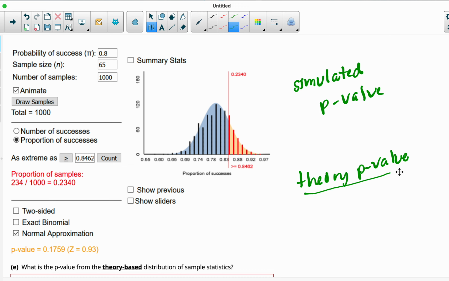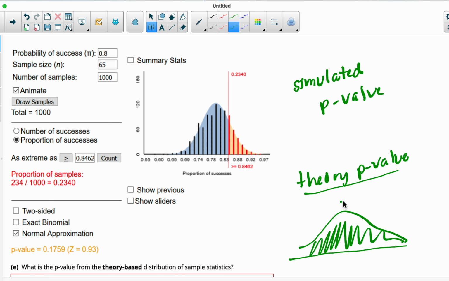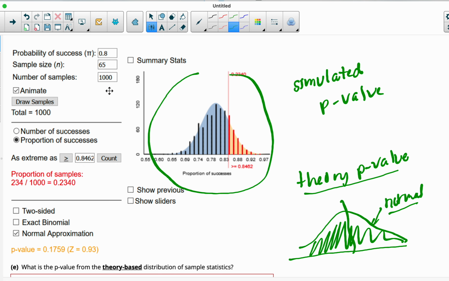A theory-based p-value just means that, let's say we did it enough times that there are so many samples that this distribution becomes exactly equal to a normal distribution. And if it becomes that close to a normal distribution, then we can use the theory-based approach, the formulas. In this case, we have both combined.